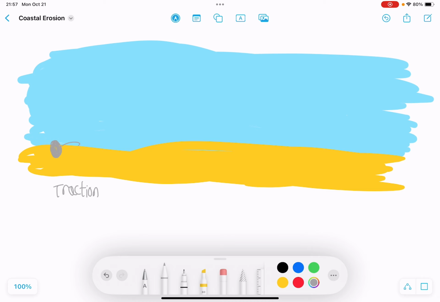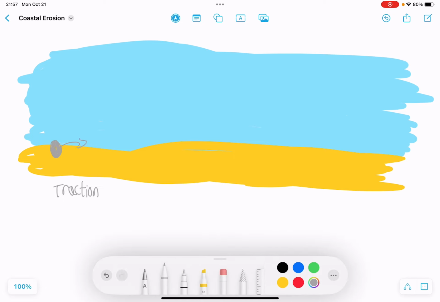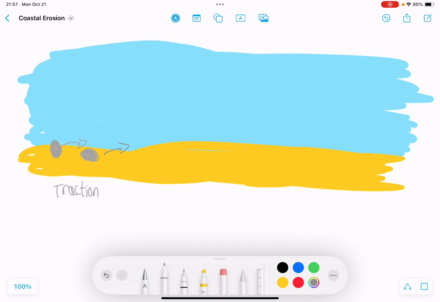The rocks roll around so they can flip around like this if there is a sudden wave. Like if a wave suddenly comes through in this direction, then the wave will have enough energy to push the rock over. And then another wave comes through, and the rock moves again. So they move like this.